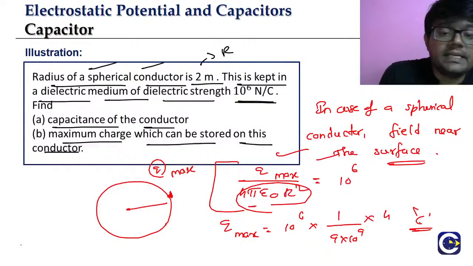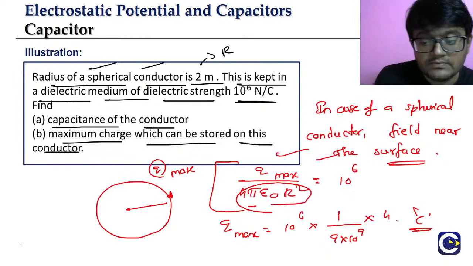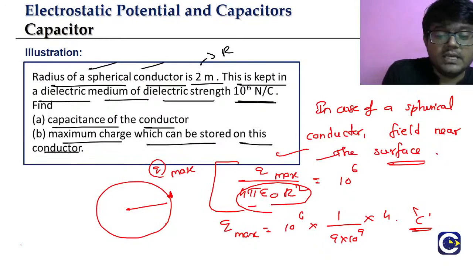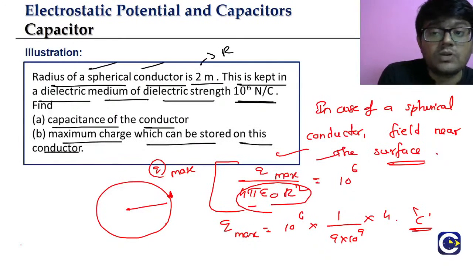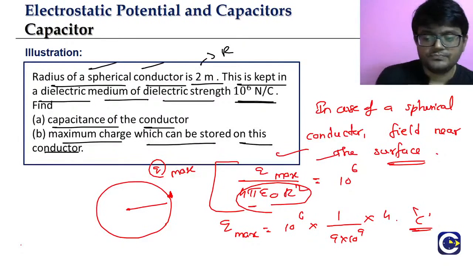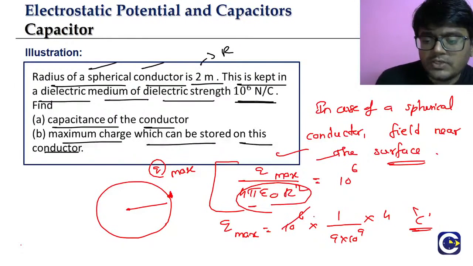So everything is in terms of what? SI unit தானா? Dielectric strength ஓட value என்னது? 10 power 6 Newton per coulomb. We are taking everything in terms of the SI unit. அதனால the charge maximum value will also come in terms of the SI unit value. What is the SI unit of the charge? Coulomb தானா? So here 10 power 6 or 10 power 3 it will be remaining.